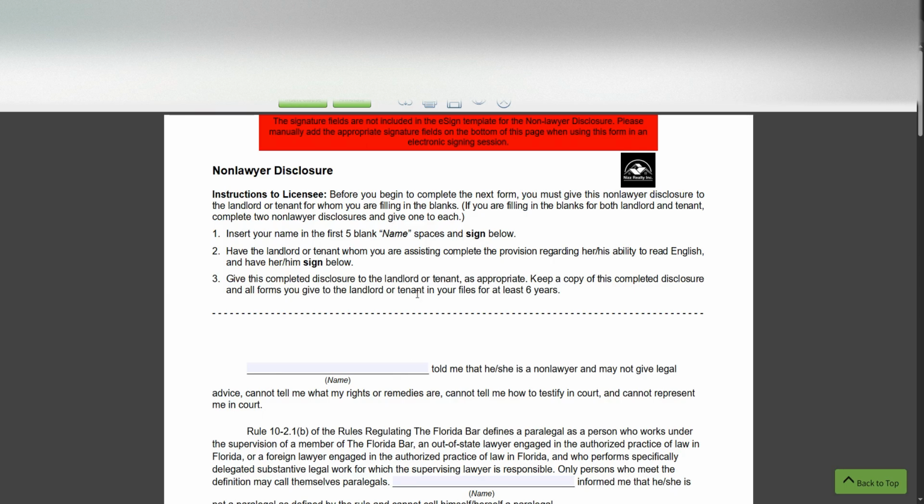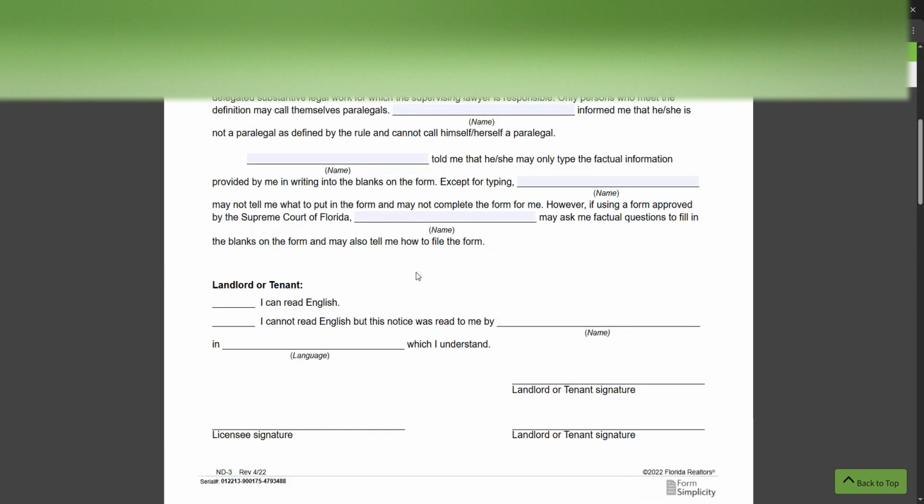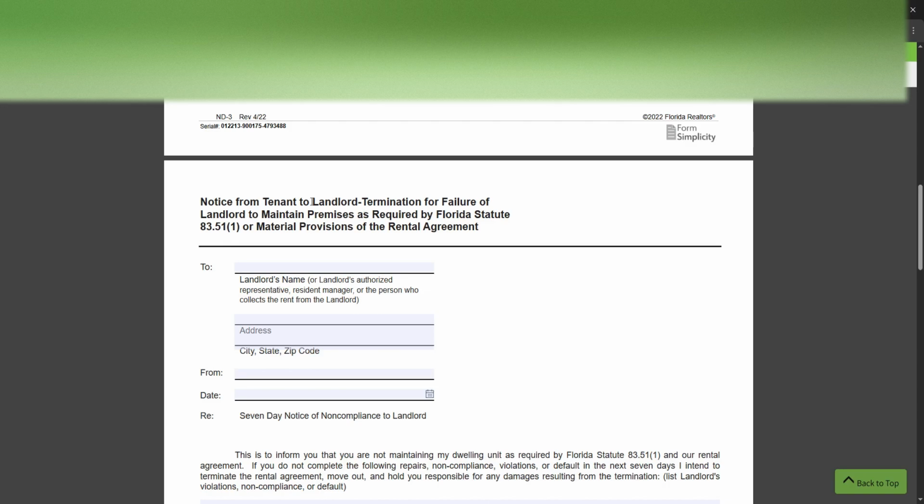In today's video we're going to be discussing another document pertaining to notices from tenant to landlord, and this specific one is the notice from tenant to landlord, termination for failure of landlord to maintain premises, as required by the Florida statute here.